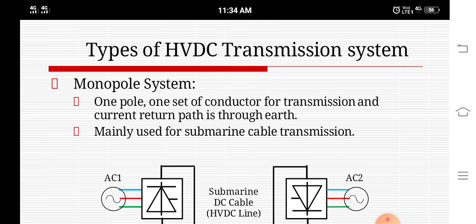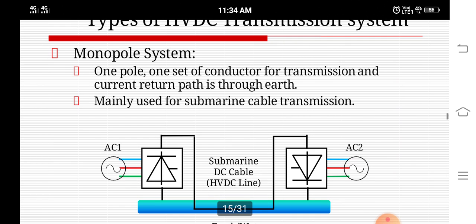So let us see the monopolar system. This is the monopolar system diagram. It uses only one conductor. Listen carefully. The return path is provided by ground or water. Use of this system is mainly due to cost consideration.